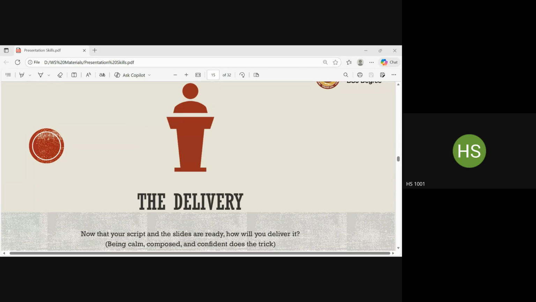We had been discussing presentation skills in yesterday's session, and today we're going ahead with what we had been talking about. Yesterday we saw that there are three key elements to any good presentation, namely the message or the story, the visuals or the slides, and the delivery itself.